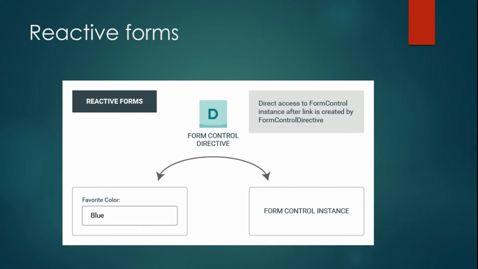In that way, when there is a change in the model, we set the value on the FormControl instance, so that its valueChanges observable emits the value to its subscribers, and the ControlValueAccessor sets the value on the form input.